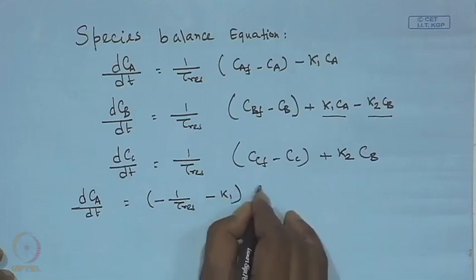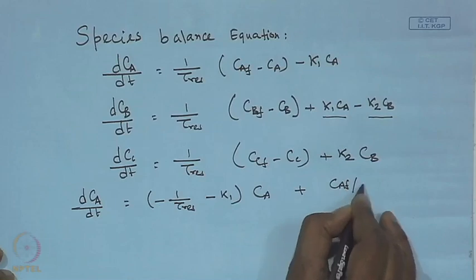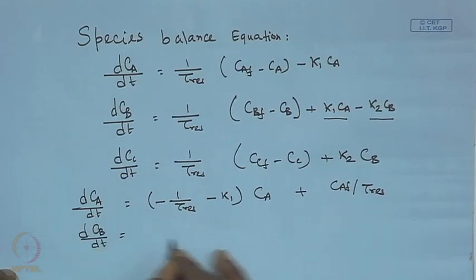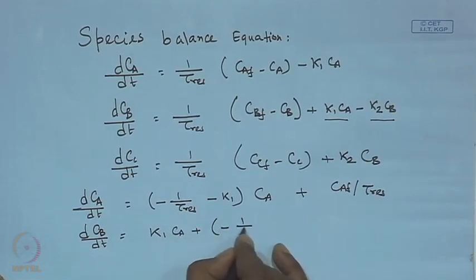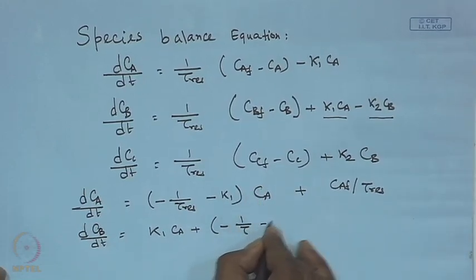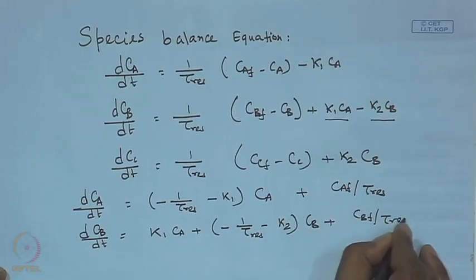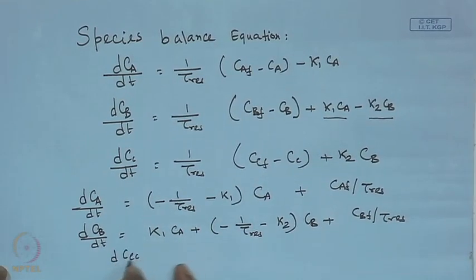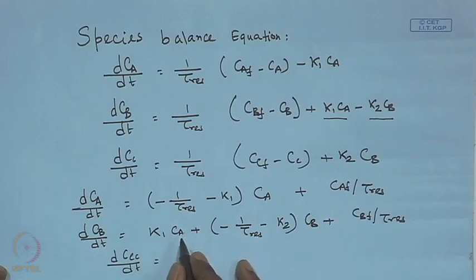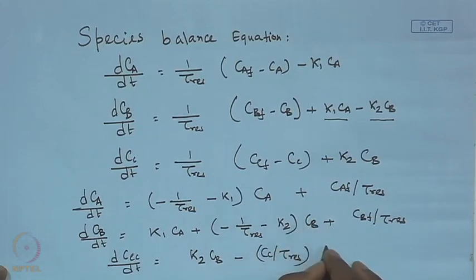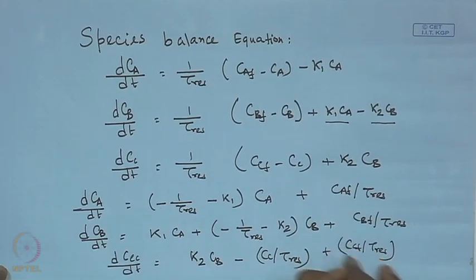So, we can write it in a more amenable form. dCA dt will be minus (1 by tau plus K1) times CA plus CAF divided by tau. dCB dt can be written as K1 CA minus (1 by tau plus K2) times CB plus CB feed divided by tau, and dCC dt can be written as K2 CB minus CC by tau plus CCF by tau.